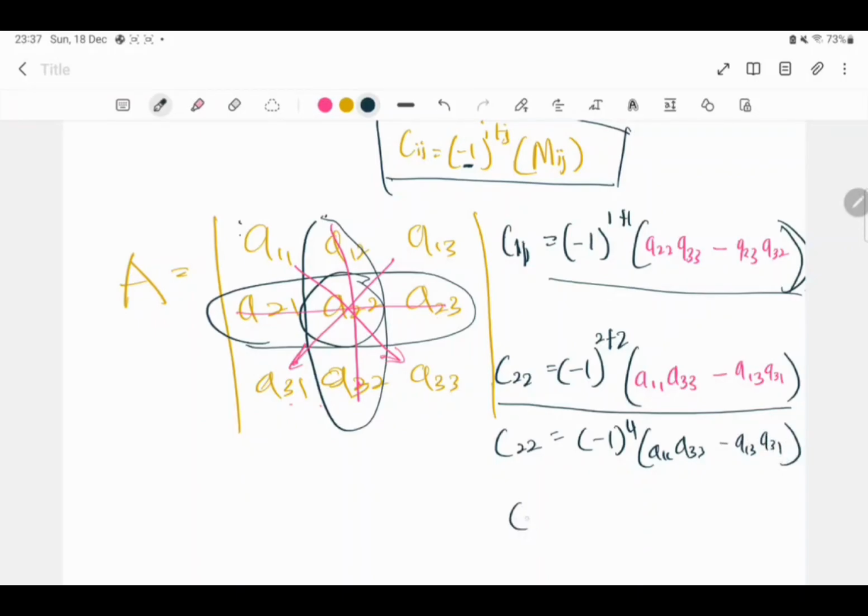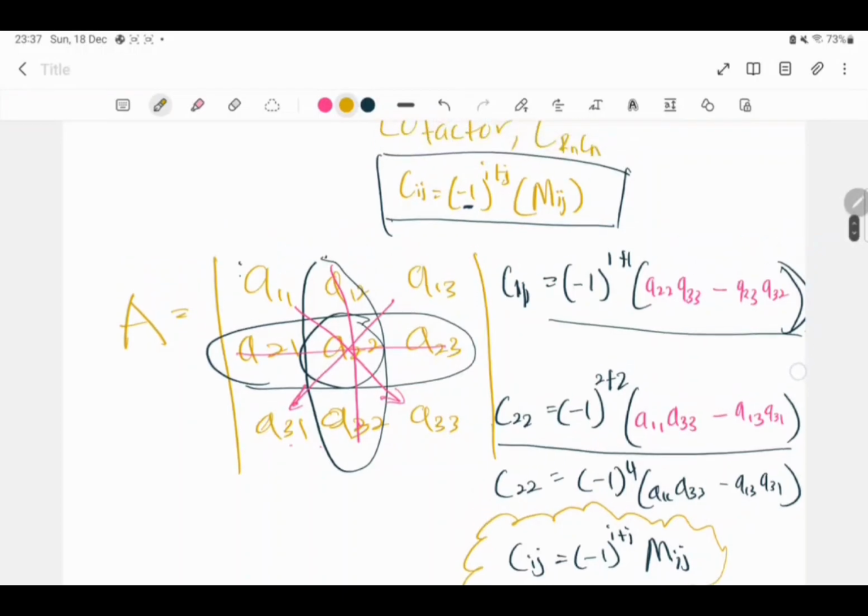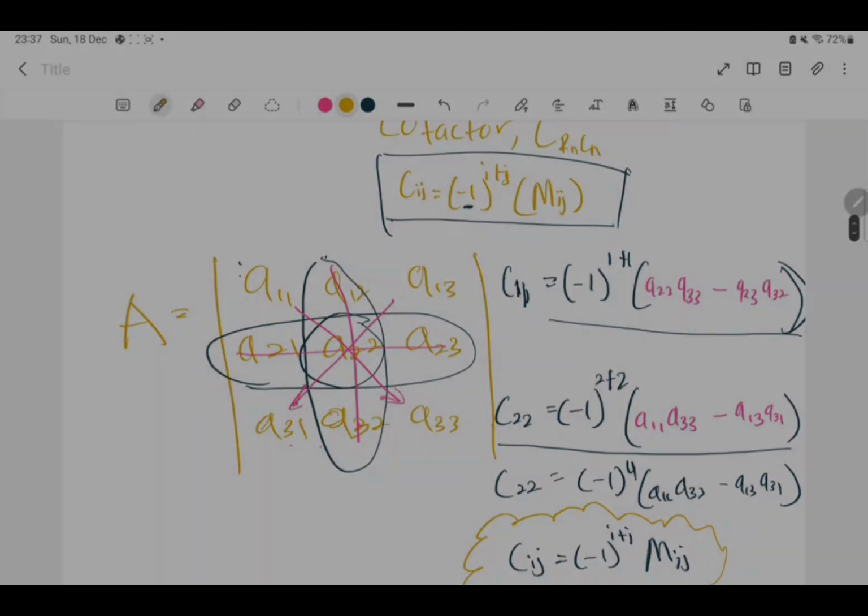We can conclude that Cij equals -1 to the power of i plus j multiplied by the minor Mij. So this is a formula that you need to remember to find the cofactor. So thank you.